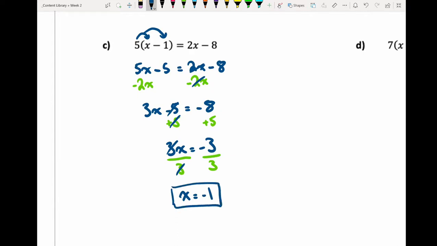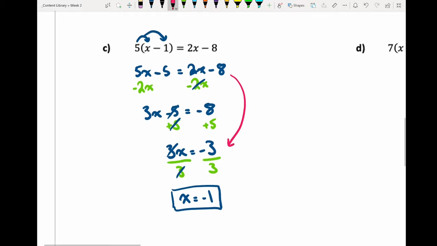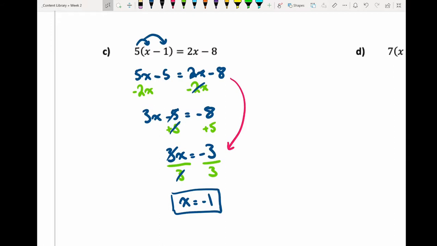If you were comfortable with this, what you could do is after you use the distributive property to get rid of the brackets, you could just jump down right to this last step if you're comfortable doing two movements at once. So if you're comfortable subtracting 2x and adding 5, right?